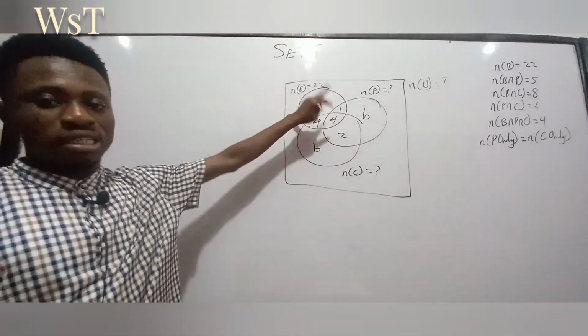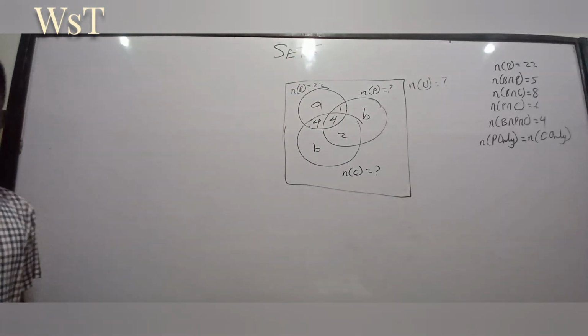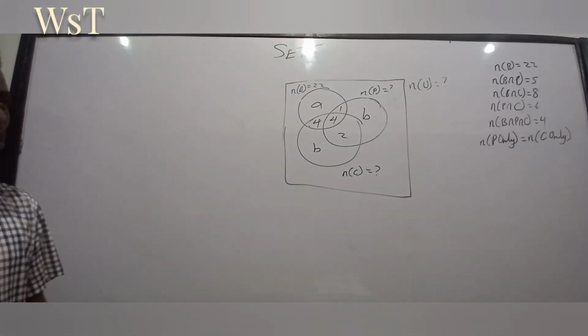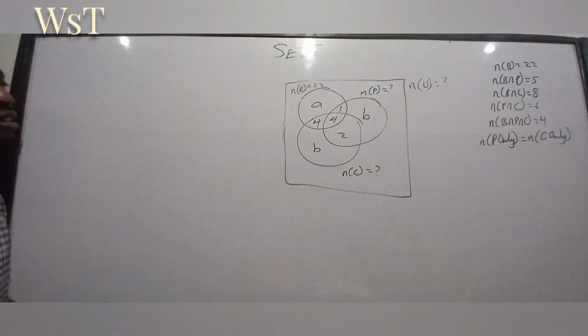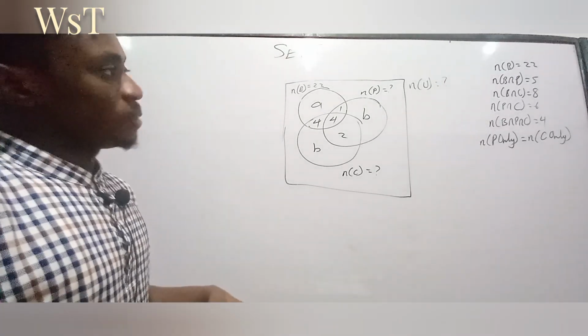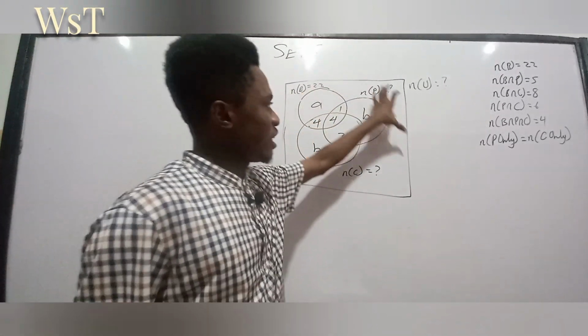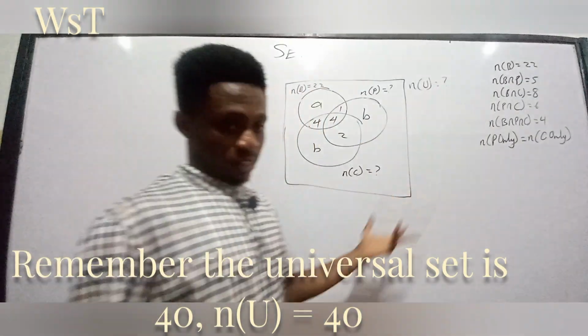Okay, good. But biology there, they didn't say anything about it, so that one can take any other alphabet. Okay. So now let's start solving the question. How do we solve this question? It's simple. They said everything in here is equal to the universal, isn't it?